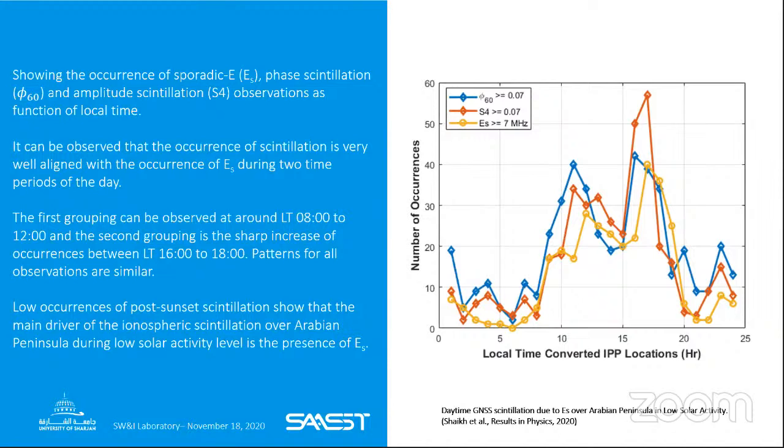locations of the world. What we observe is that normally this ES layer appears in the ionosphere at the 110 to 120 kilometer region. When we compare the data from the ionosphere, which is the yellow curve, with respect to time, and also the data from the GNSS receiver, which is the red curve and the blue curve, we see that they map almost absolutely.